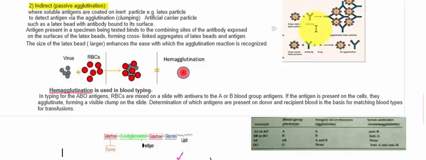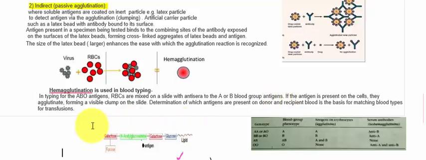The next is hemagglutination. Hemagglutination, as the name indicates, is related to heme, that means RBC. So hemagglutination is used in blood typing. In typing the ABO antigens, RBCs are mixed on a slide with antisera to A or B blood group antigens.